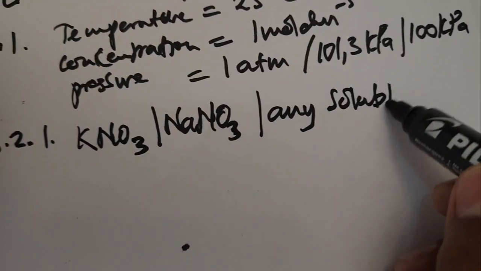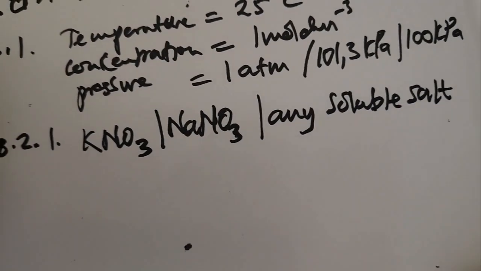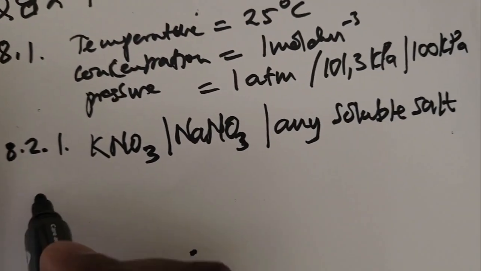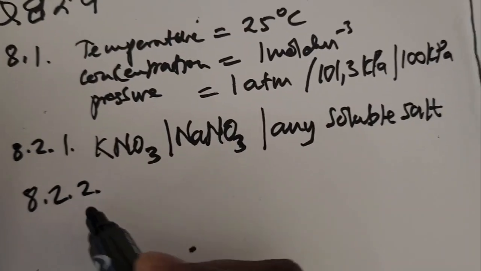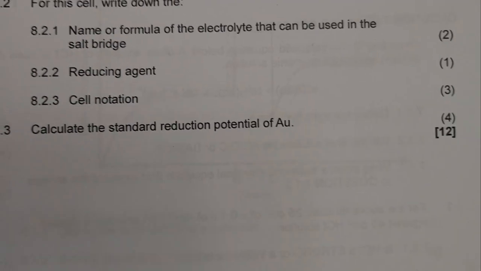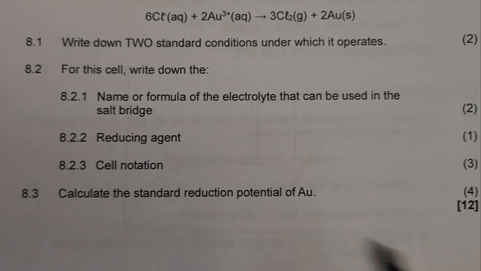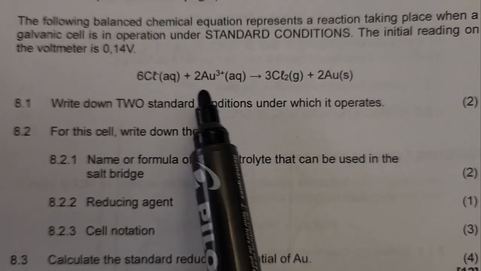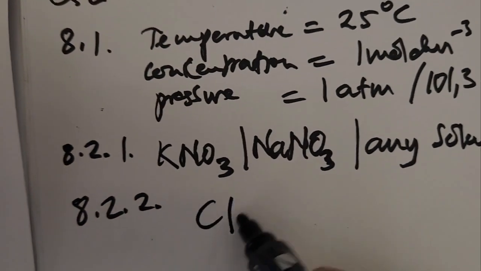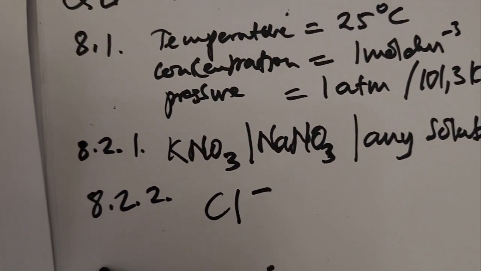Any soluble salt can be used in the salt bridge. Yes. 8.2.2. On this one, they say write down the reducing agent. The reducing agent will be the one that undergoes oxidation, which is your Cl minus. Just write Cl minus.